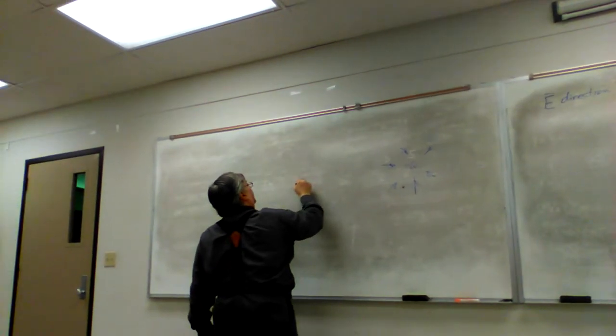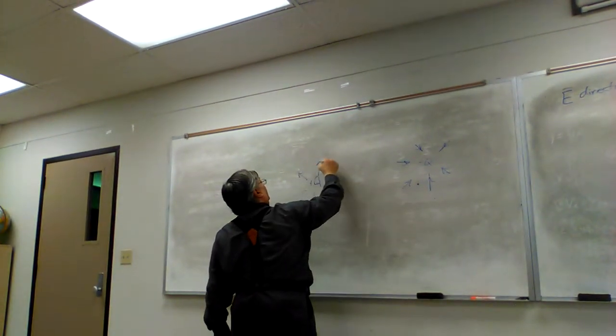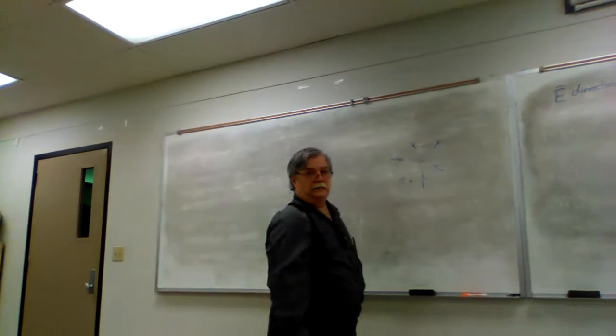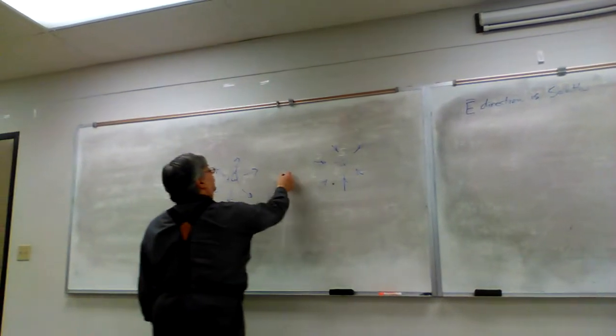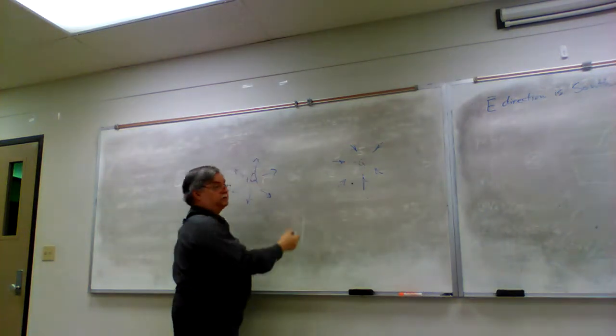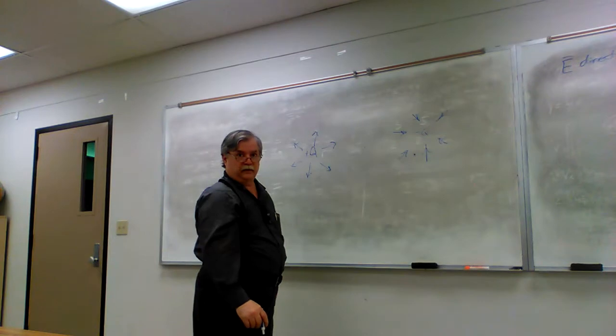Positive Q has them pointed away. So if you take a loose electron and set it here, it's going to be repelled away from this negative charge and towards the positive charge. Okay?